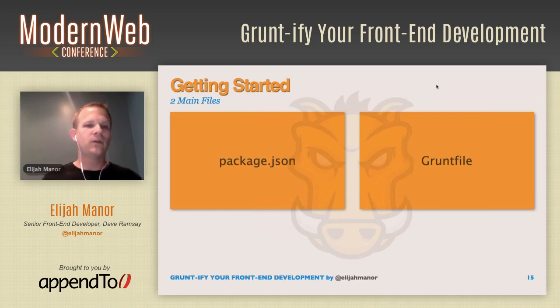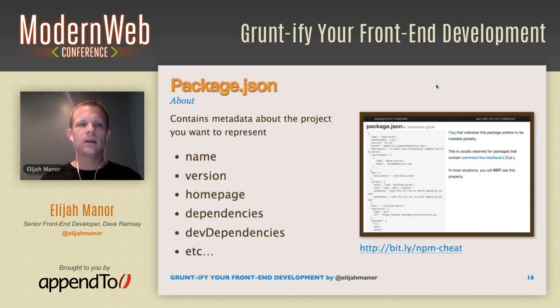And then you have 2 main pieces. You need your package.json file, which describes, and we'll talk about this a little bit more, all your dependencies, your project name, things like that. And then you have your Gruntfile, and that's where you describe all the tasks you want to run, like I want to hint my code, or I want to use autoprefixer, or run Sass, things like that. So again, the package.json is a place to put a lot of different pieces of information.